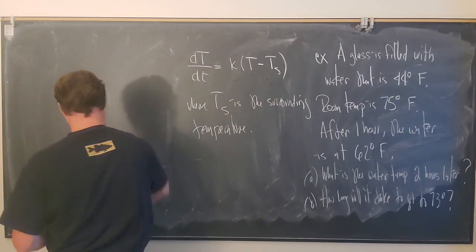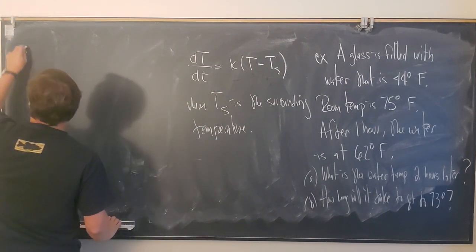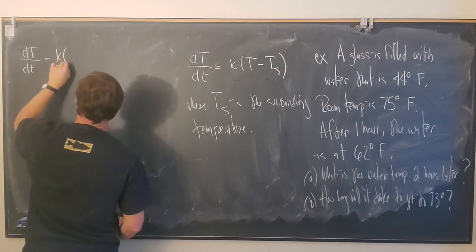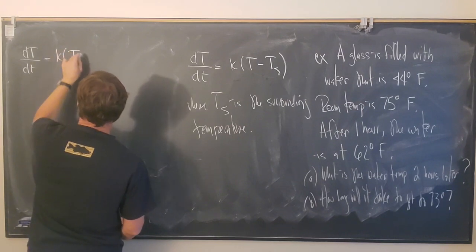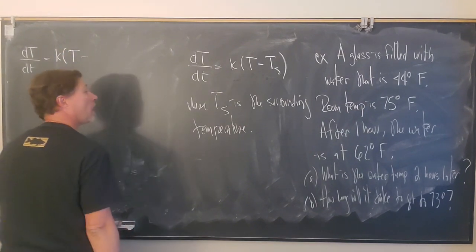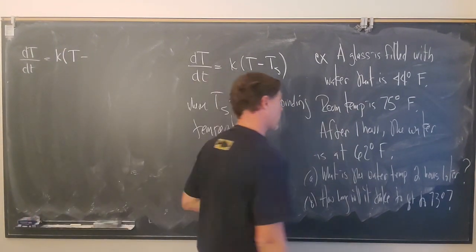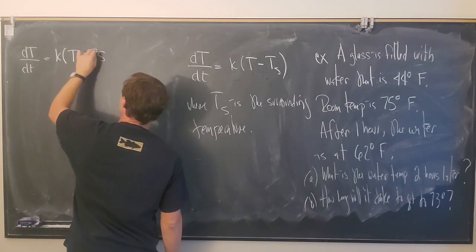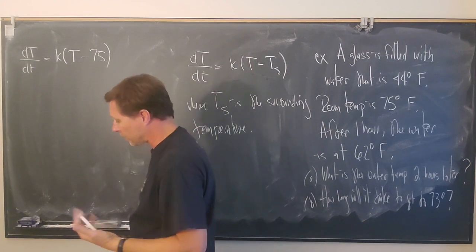The change in temperature is proportional to the difference between the temperature and the surrounding temperature. In this case, we have 75, so it's going to be T minus 75. Let's separate the variables and solve.